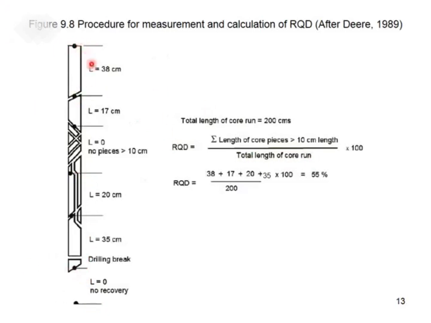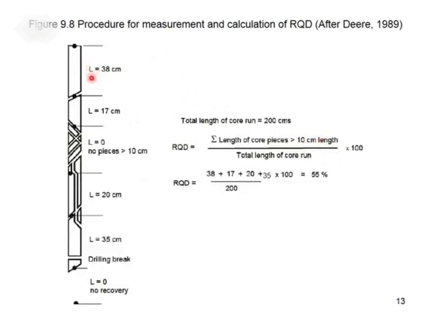You just check the pieces that have length more than 10 cm. It depends on the given data. If it is in centimeter, you use 10 cm. If the dimension is in millimeter, it needs more than 100 millimeter.